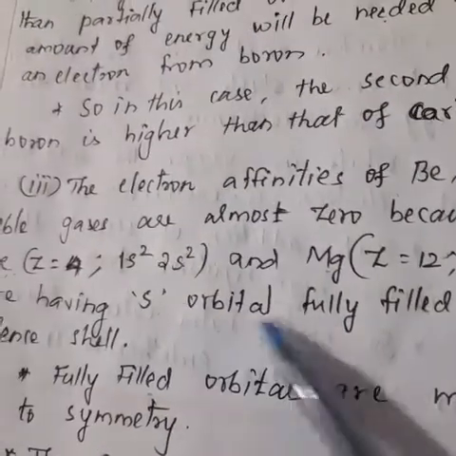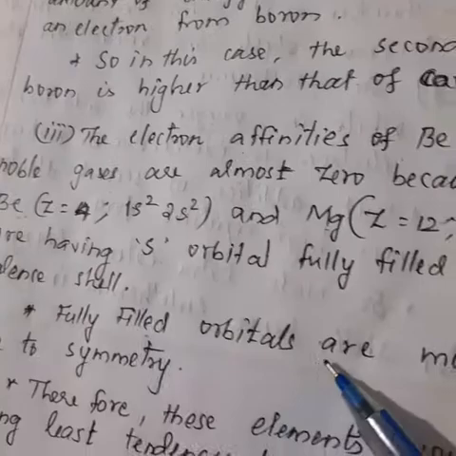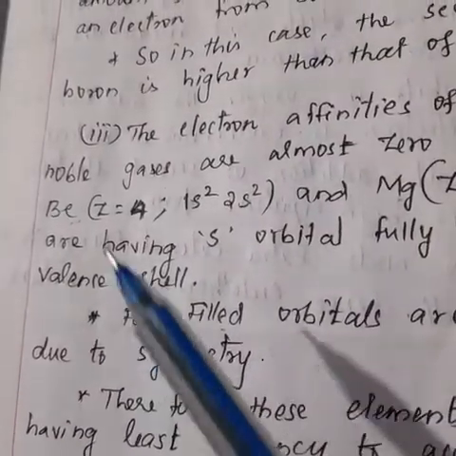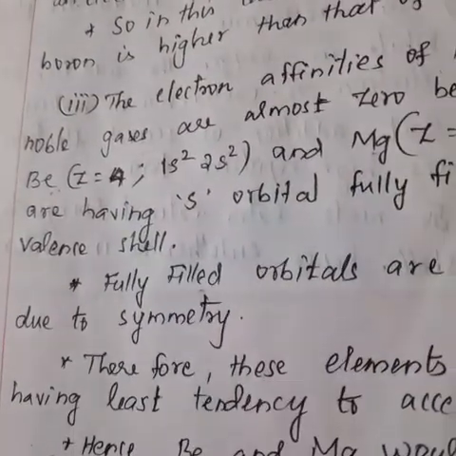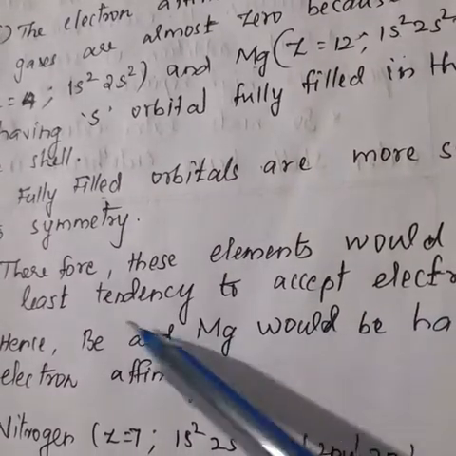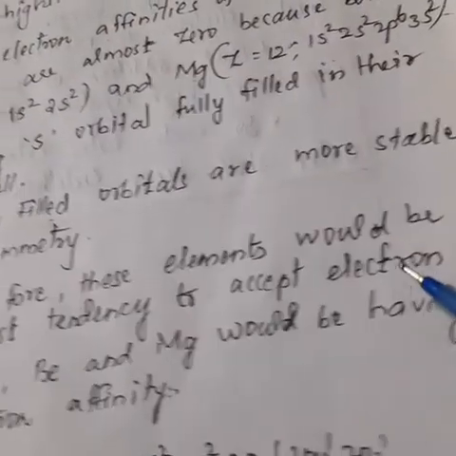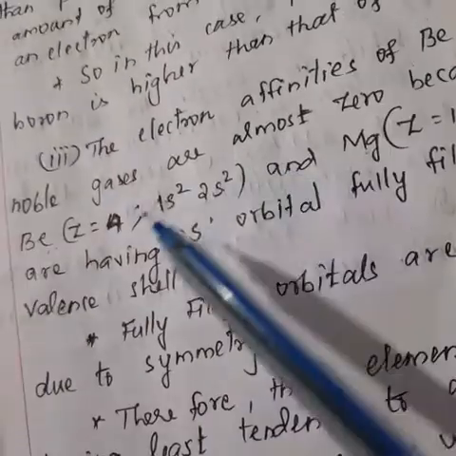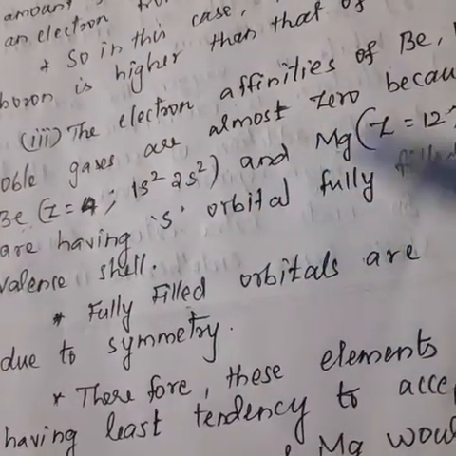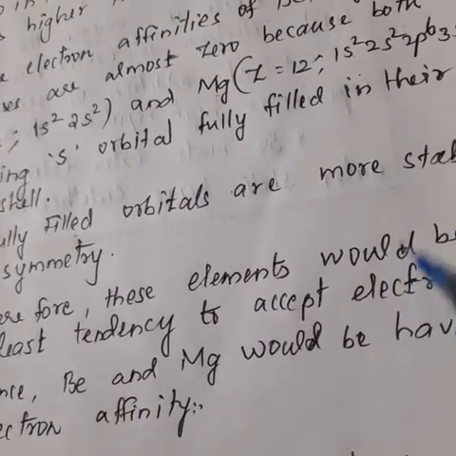For the two atoms, the s orbital is fully filled in their valence shell. Fully filled orbitals are more stable due to symmetry. Therefore, these elements have the least tendency to accept an electron. Hence, beryllium and magnesium have 0 electron affinity.